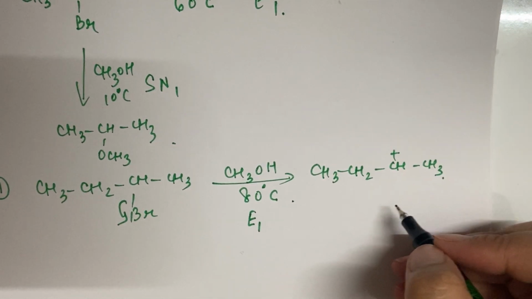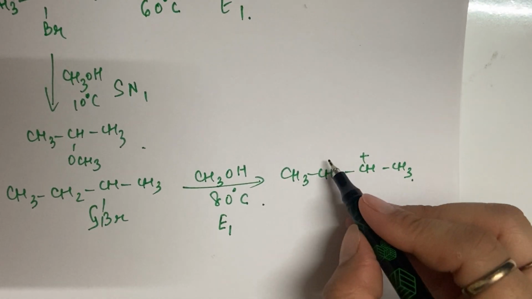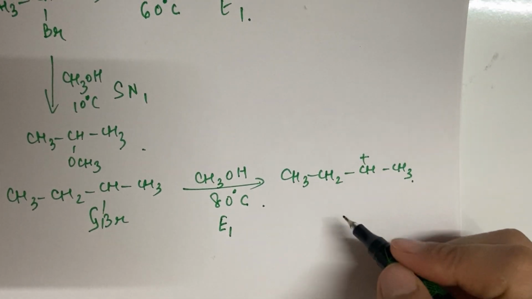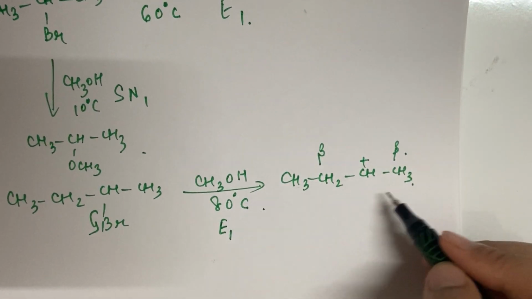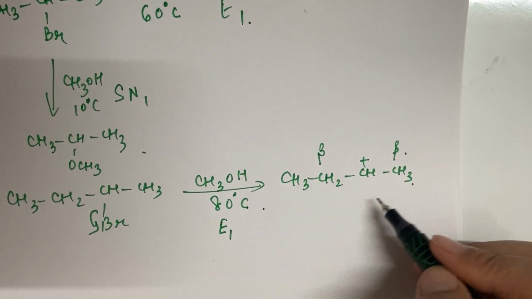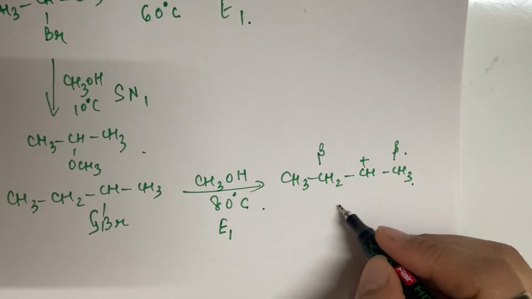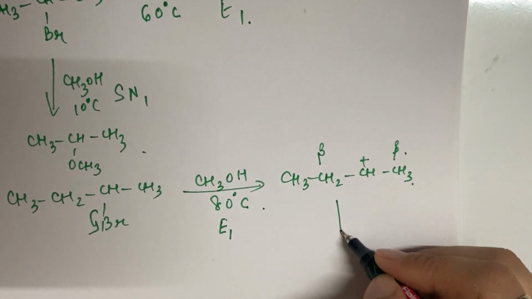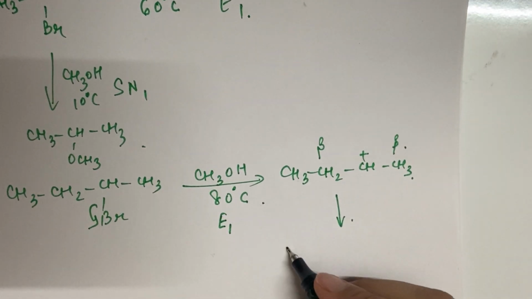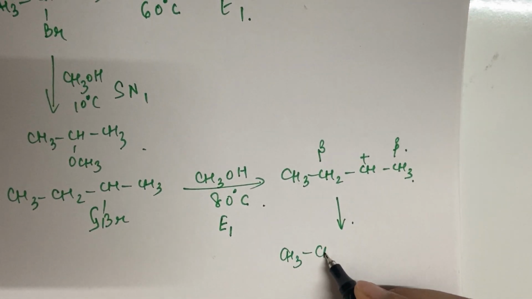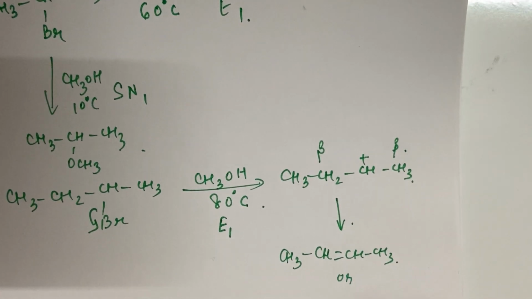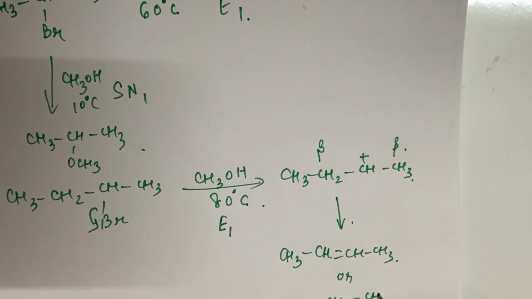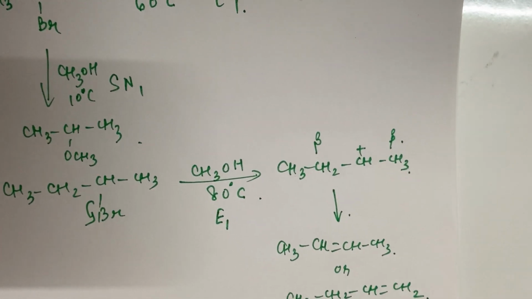So here the double bond can come to, this is actually an alpha beta reaction. So this is a beta carbon, this is also a beta carbon. So from anywhere it can take the hydrogen. So there will be two products. After this it will be CH3CH=CHCH3, or it can be CH3CH2CH=CH2.